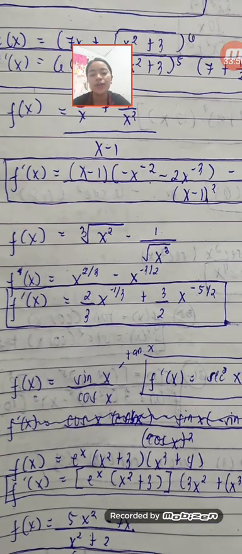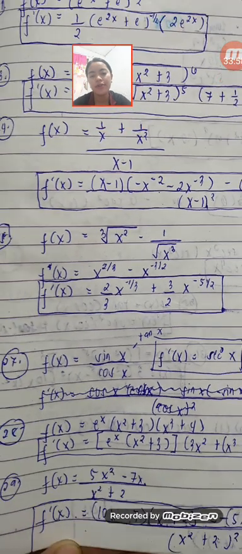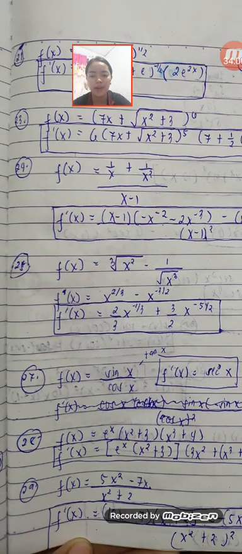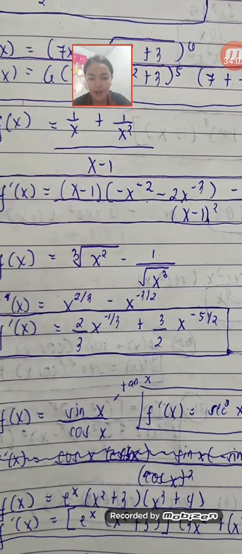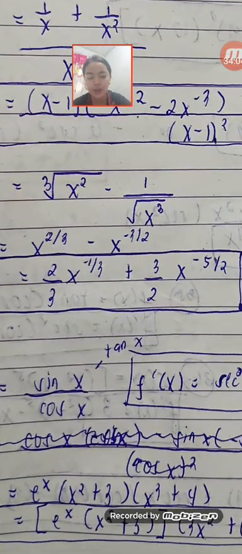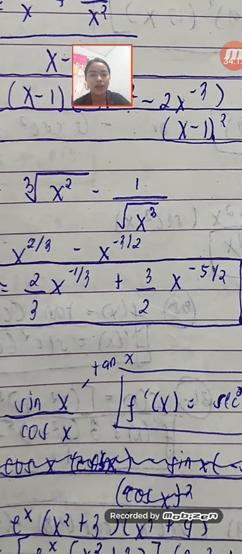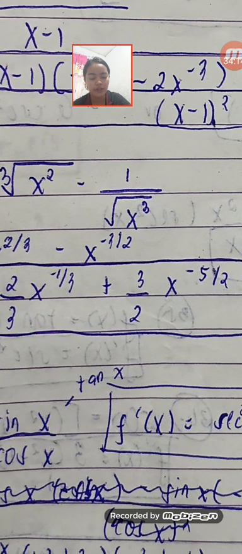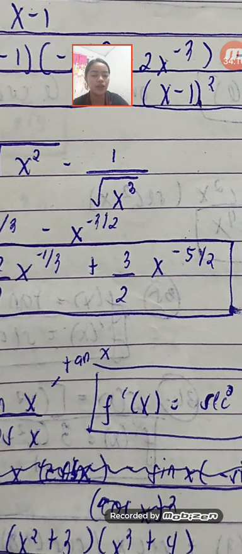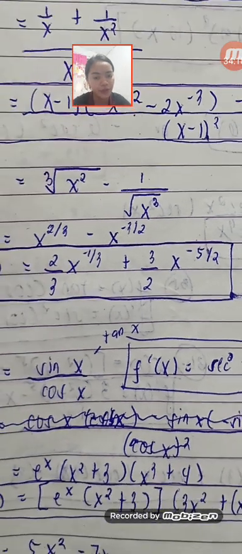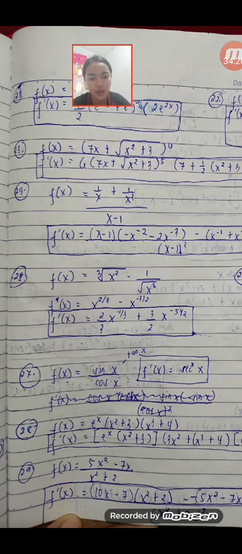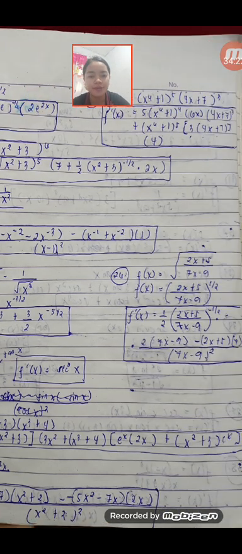Alright, so it is easy for us now to differentiate these items. That's why we come up with f prime of x is equal to 2 over 3. You just need to bring down the exponent, copy the x, and deduct 1. That's why we come up with negative 1 over 3. Plus, why plus? Because negative times negative is positive. So we have here plus 3 over 2 x, and negative 3 over 2 minus 1 is negative 5 over 2. So that is our final answer for item number 25.